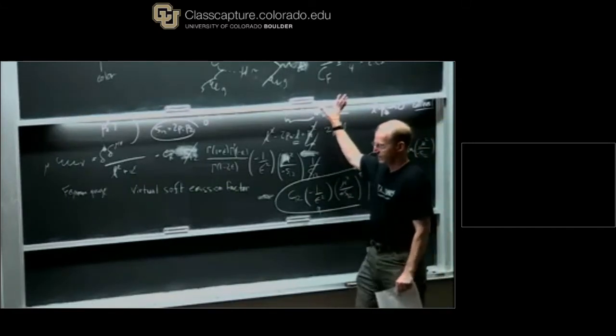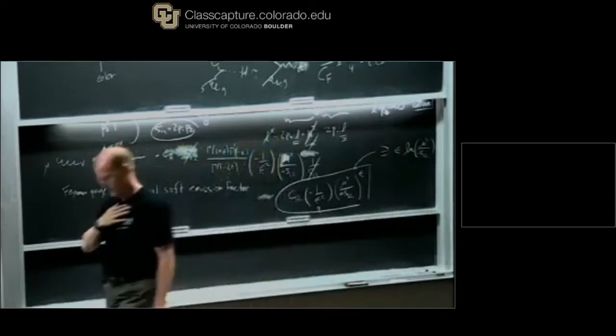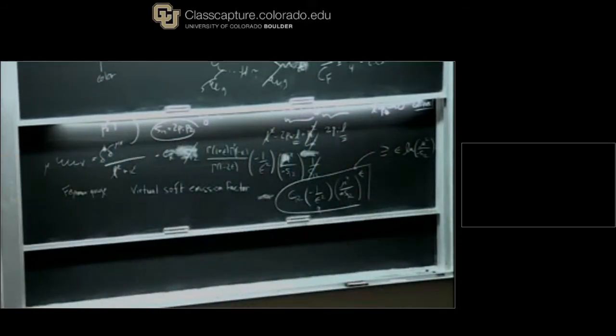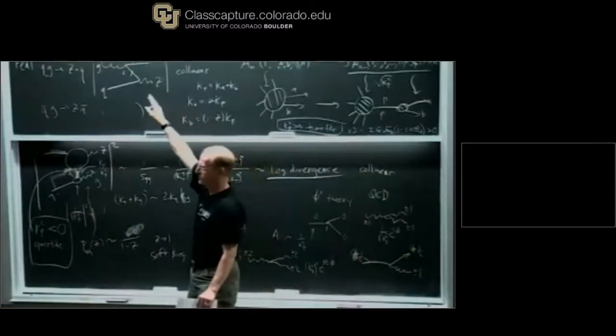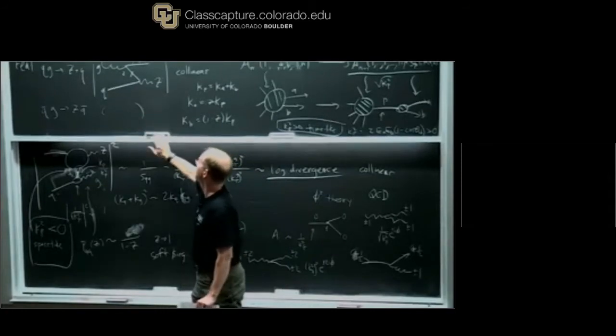And that gets canceled on the real emission side, although it doesn't get completely canceled. This is basically in a different kinematic region. The soft divergence is canceled against a soft endpoint of this collinear emission in this process here.